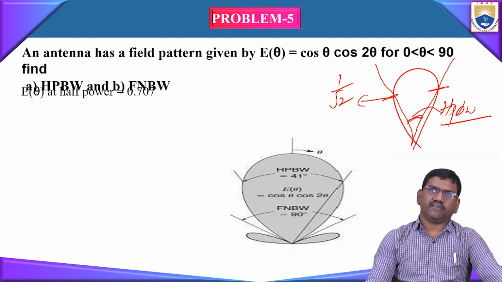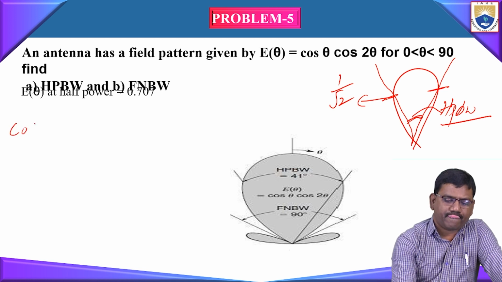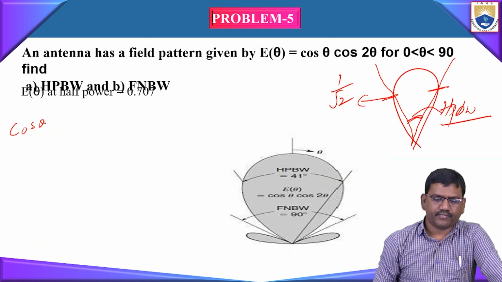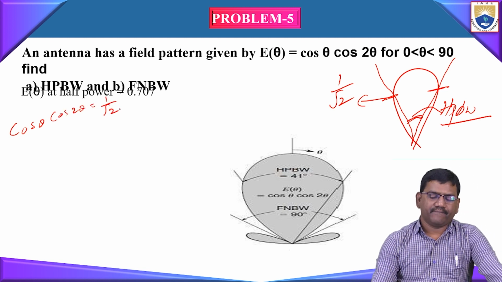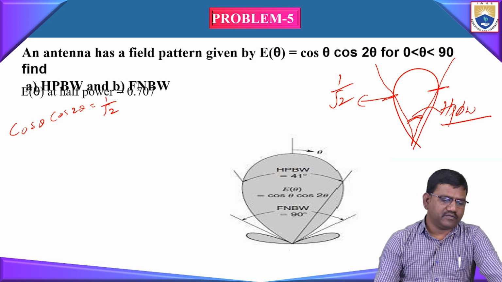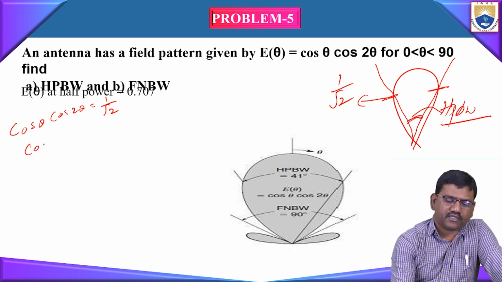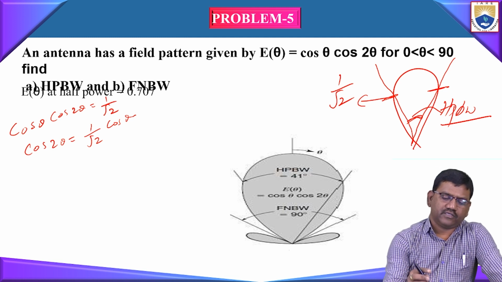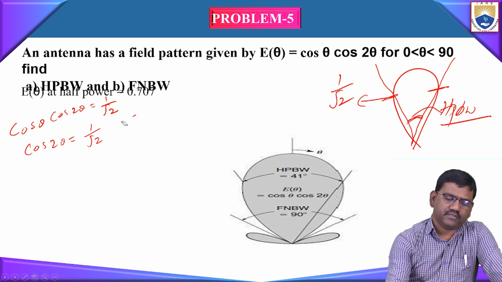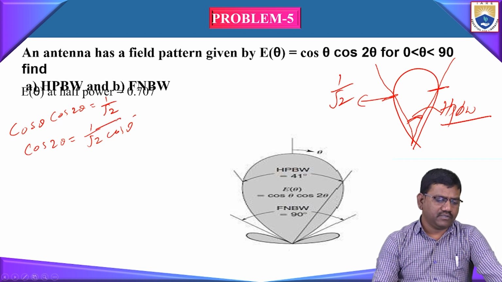So as per the equation given, cos theta cos 2 theta is equal to 1 by root 2. Why? Because the power is half, so the field is 1 by root 2. From this equation, we can find cos 2 theta is equal to 1 by root 2 into cos theta.